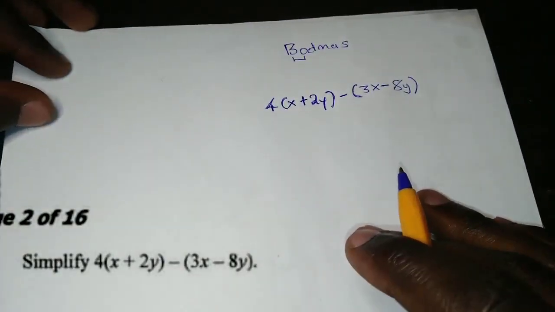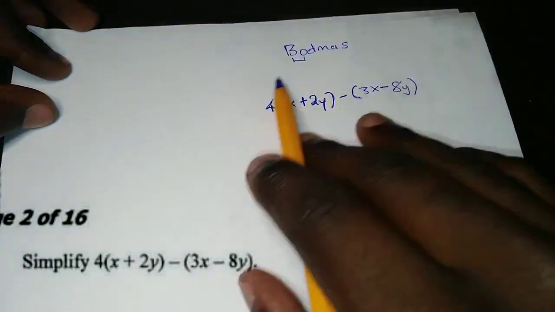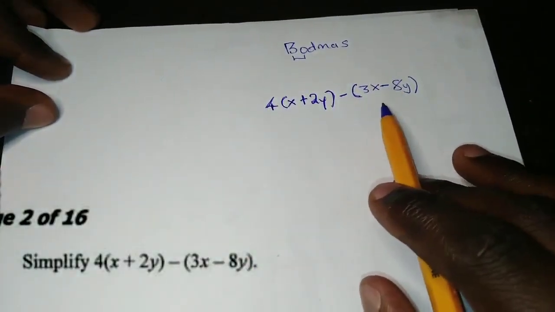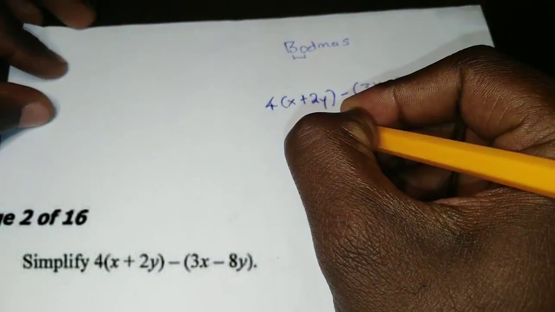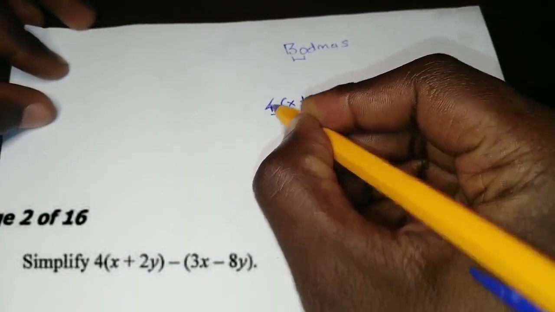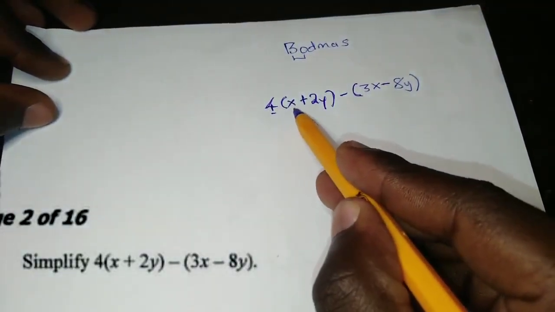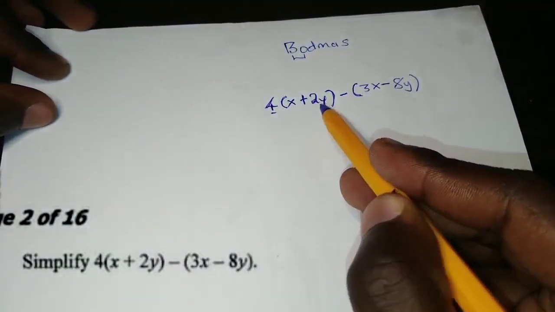That's the first thing to do, open the brackets. Once you have brackets, you cannot do anything here unless you open the brackets. How do you open the brackets? You multiply. Here we have a 4 outside the brackets, which simply means that this 4 is multiplying everything that is in the brackets.